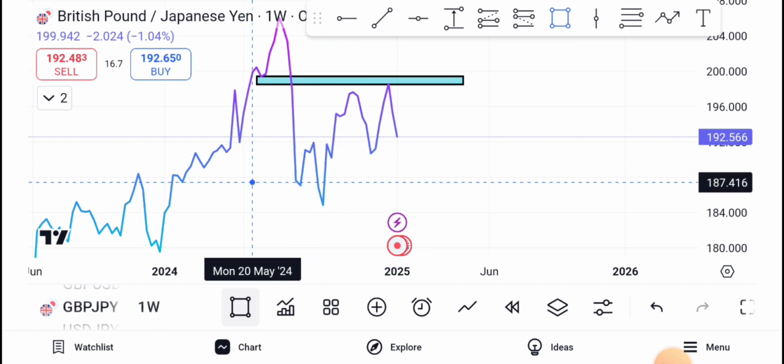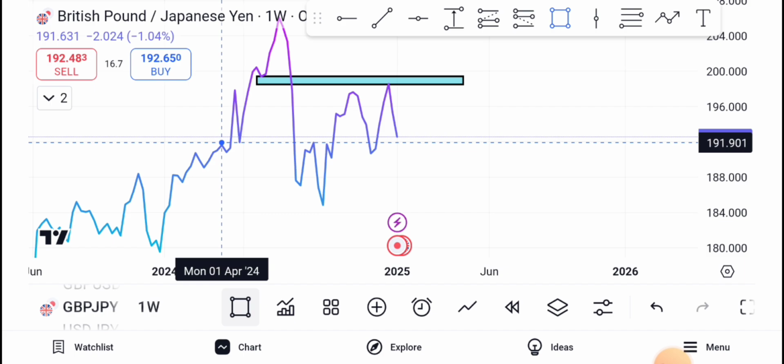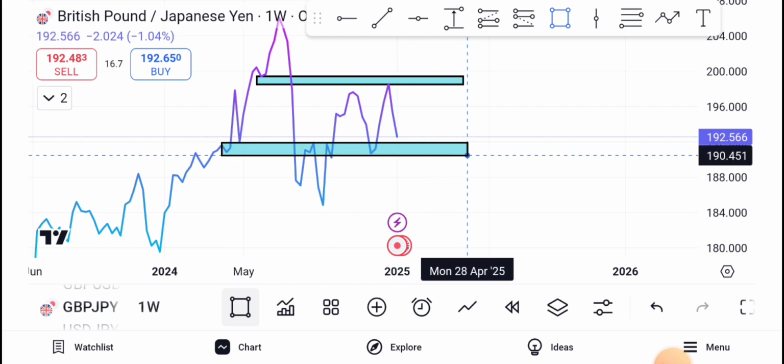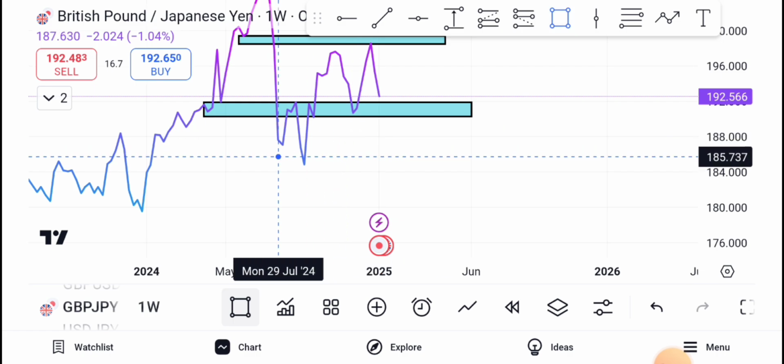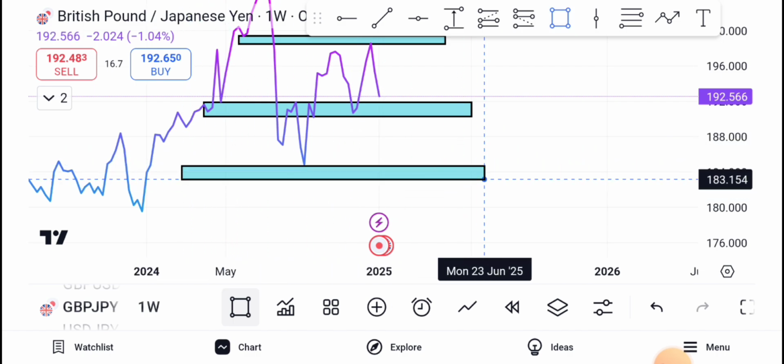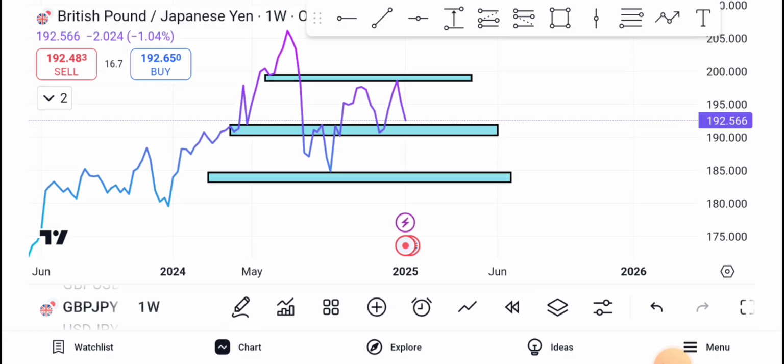So we have this region also here. Don't worry, we'll be going to the candlestick to adjust them. And then we have our lower zone also here.